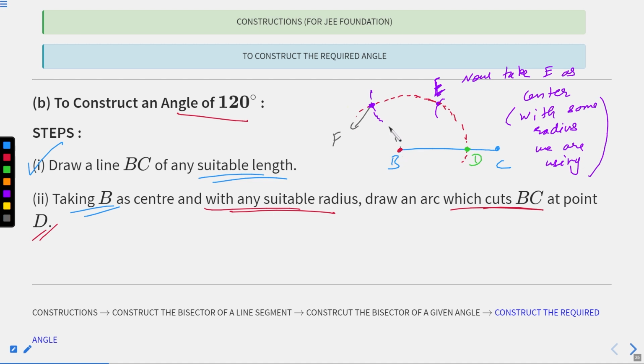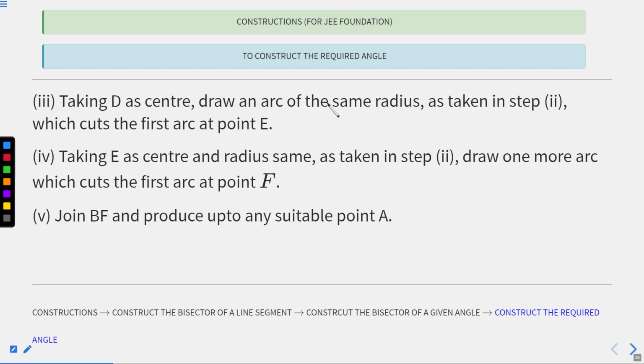Now join B and F, and produce this joining till A. So this ray BA and the ray BC will make an angle of 120 degrees. I hope this is clear. So in the first step, taking B as center with any suitable radius, cut BC at point D, and then taking D as our center, draw another arc of the same radius.